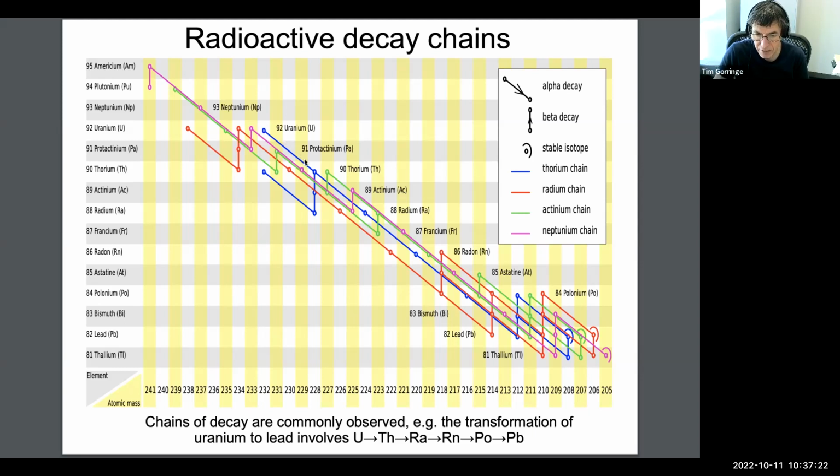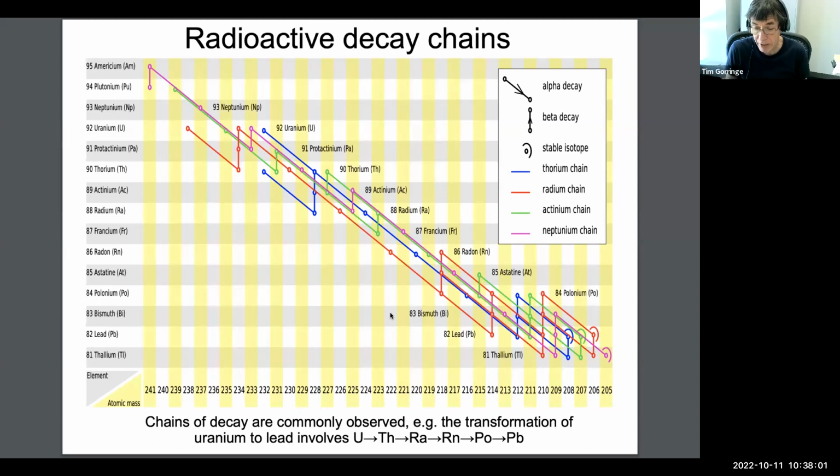It decays to this isotope of thorium, which decays to this isotope of radium, which decays to this isotope of radon, which decays to this particular isotope of polonium, which decays to this isotope of lead, which decays to other isotopes of lead, and then finally, we end up with this lead isotope here. So that's an example of a radioactive decay chain.